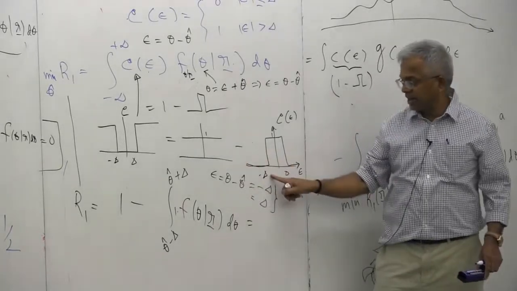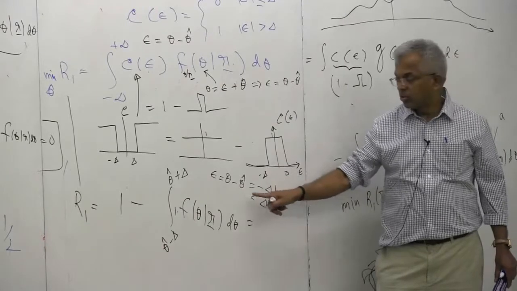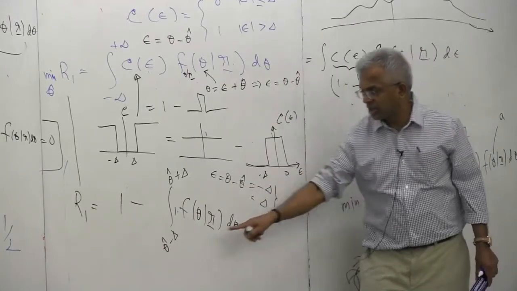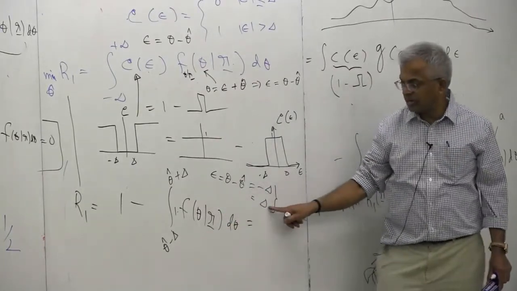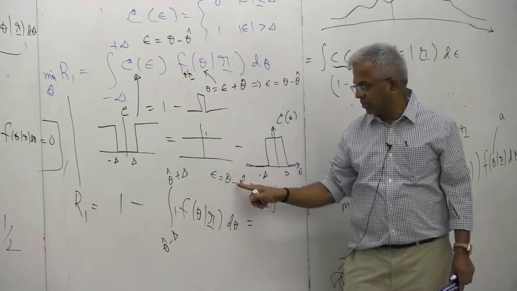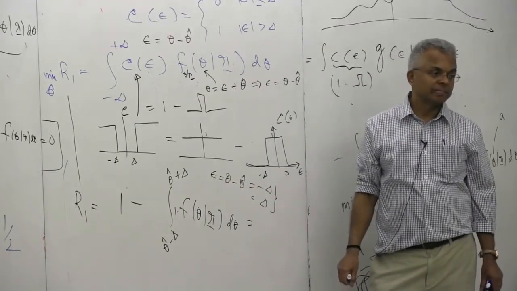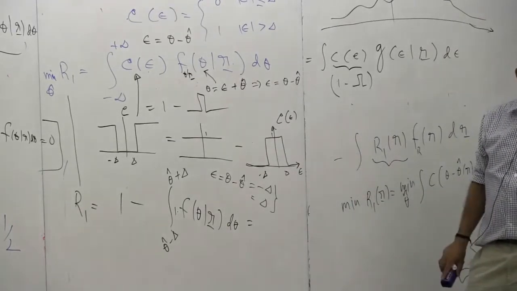In one extreme it takes the value minus delta, so theta becomes theta hat minus delta, which is what I put here. In the other extreme it takes the value delta, so theta becomes theta hat plus delta, right?